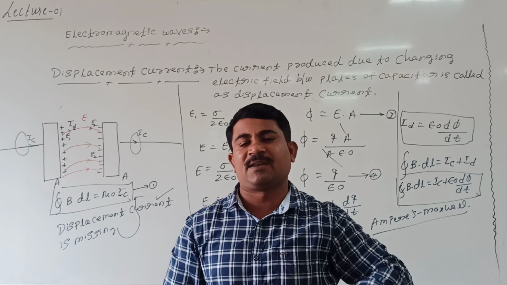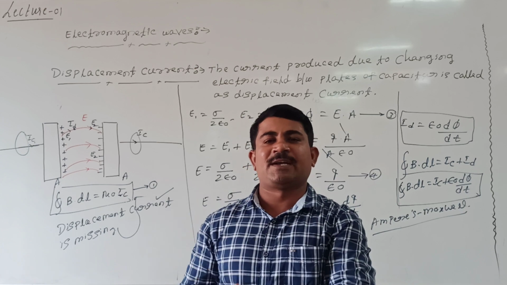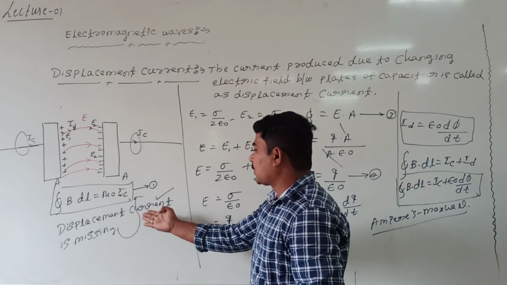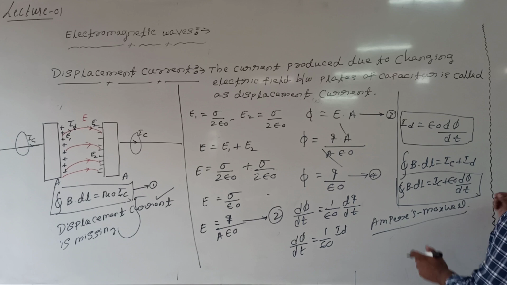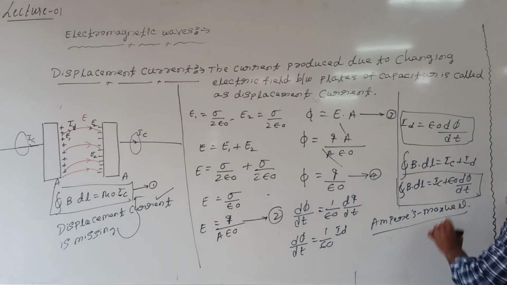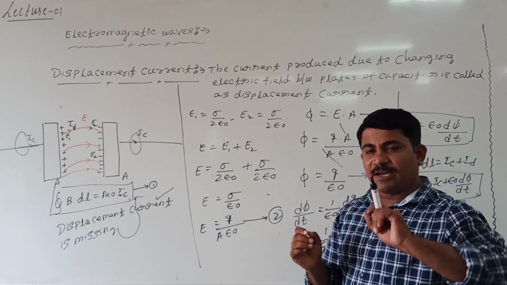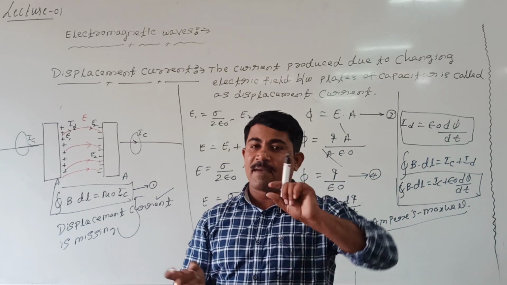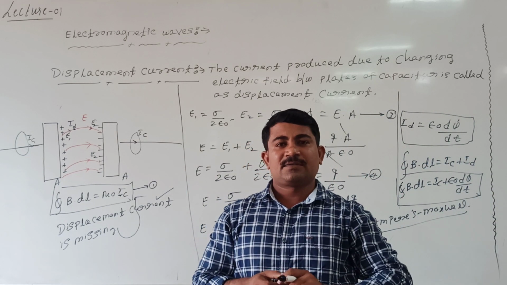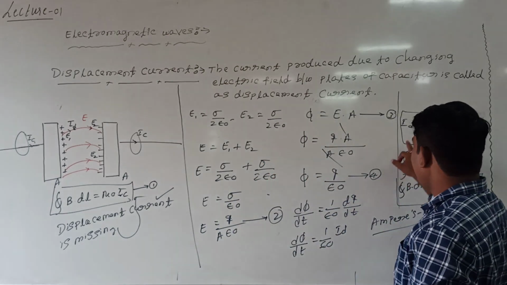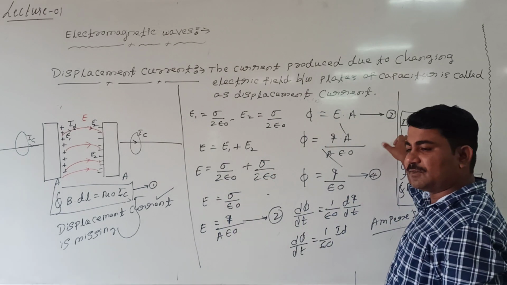I mean, the missing term in Ampere Circuit Law is what we call displacement current, and its expression is id equal to epsilon naught into d phi by dt. Wherever the electric field changes, a magnetic field is also produced. That magnetic field can be calculated by this current. This we are calling displacement current.